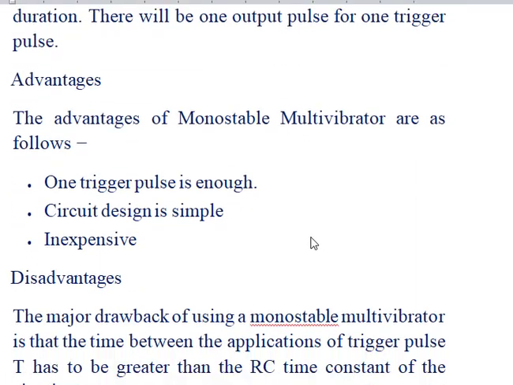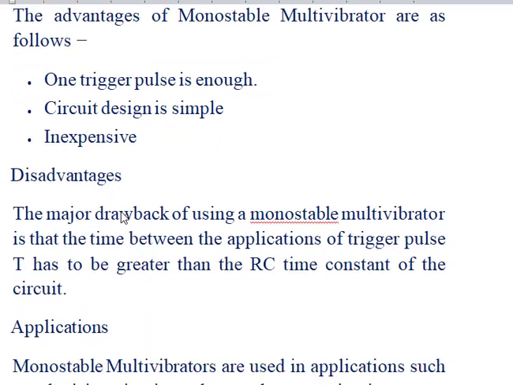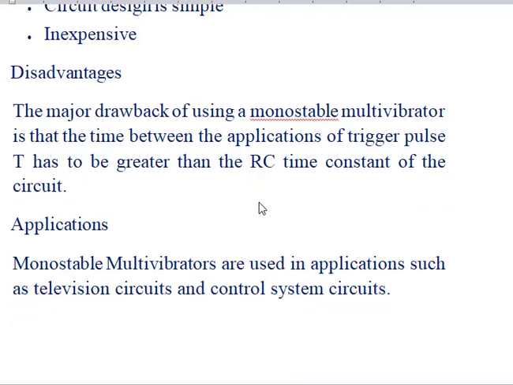It has some advantages. Only one trigger pulse is enough for this circuit, and the circuit design is simple and less expensive. It also has a disadvantage. The time between the application of trigger pulses T has to be greater than the RC timing, unless it will go into the toggle state.